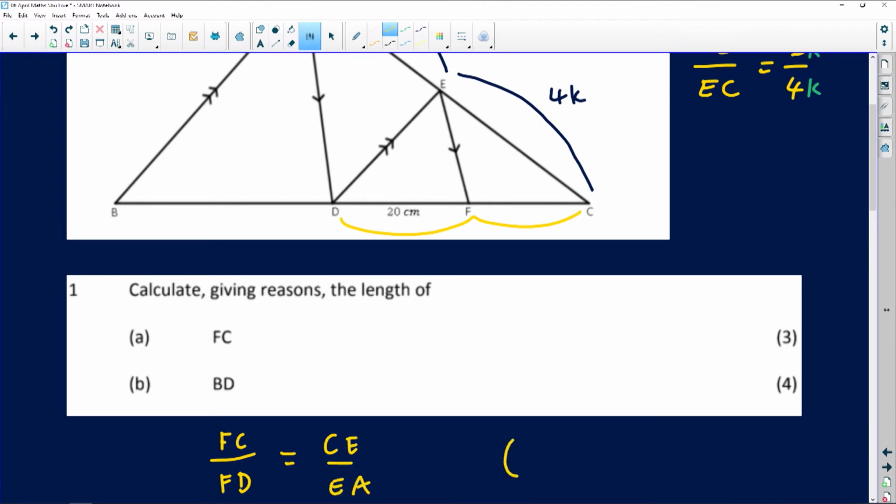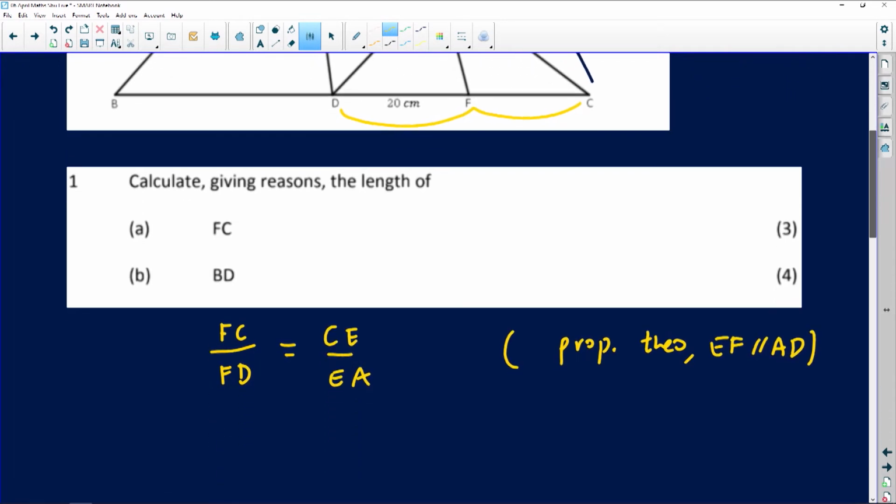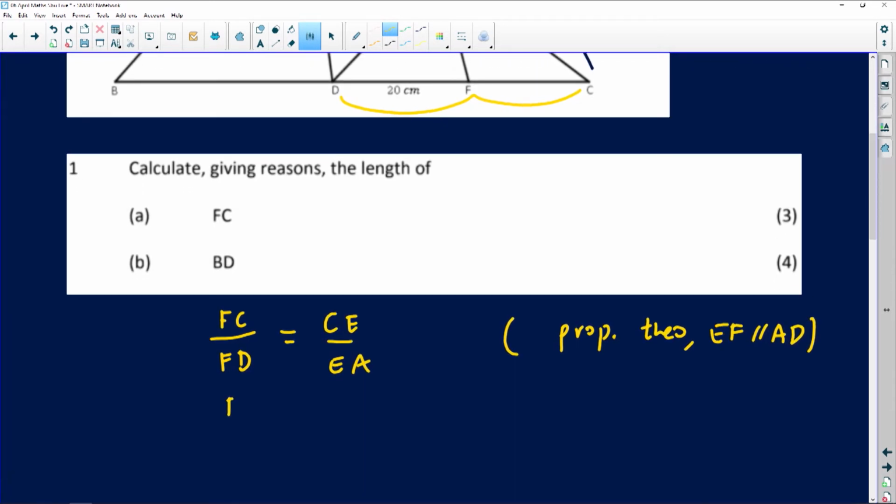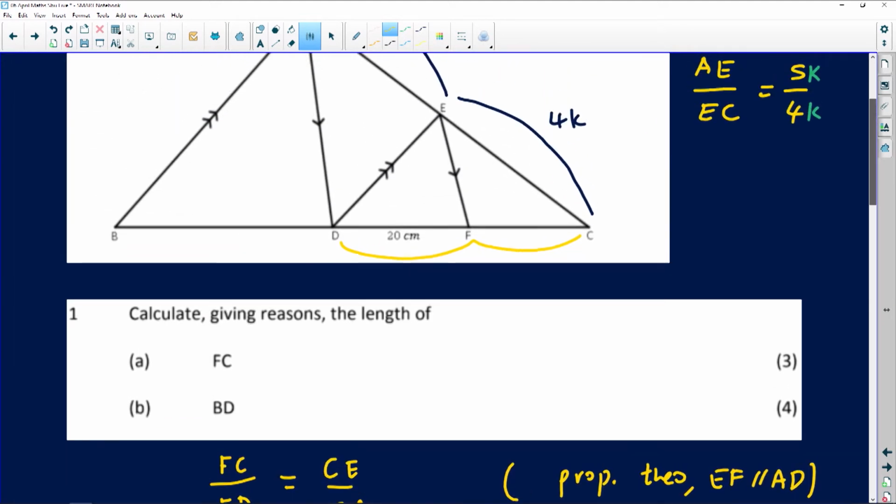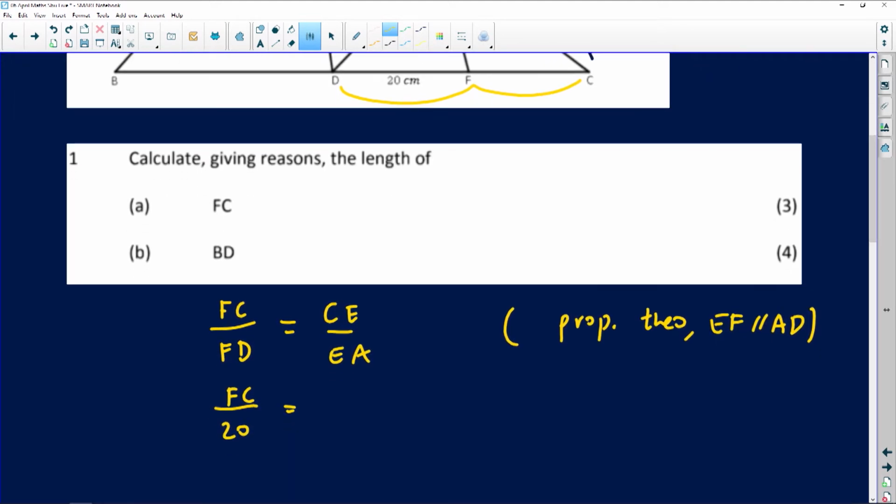This is because we can apply the proportionality theorem, as we've got two lines that are parallel, EF being parallel to AD. Then I'm going to start substituting whatever I know. We don't know what FC is, but FD is 20. The other one, CE, is 4K. So I've got 4K divided by 5K.